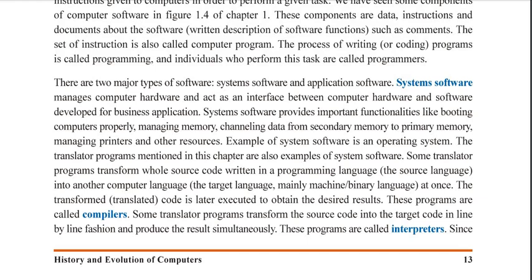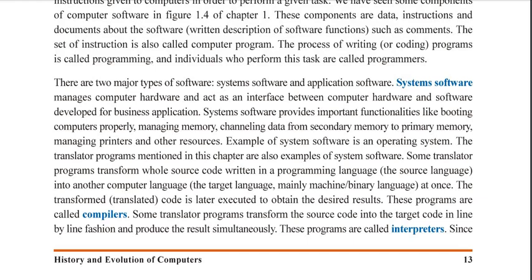An example of system software is an operating system. The translator programs mentioned in a chapter are also examples of system software that we have discussed earlier. The translator is needed for what? Higher level language to lower level conversion. So it is done by the operating system only, and the operating system is a part of system software.